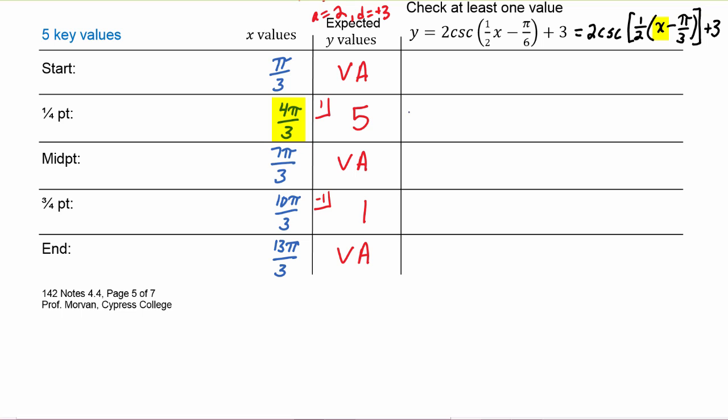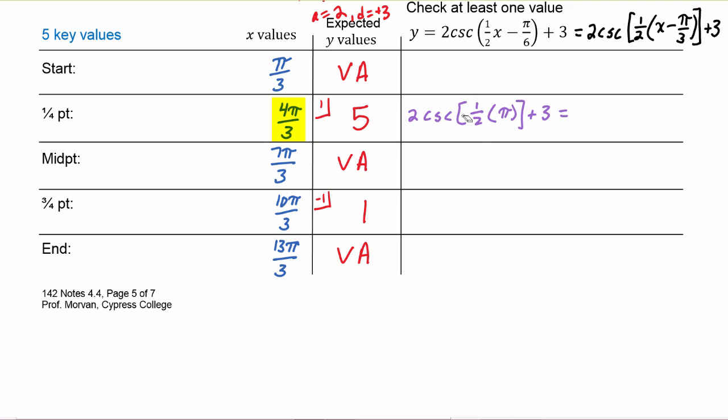So we would have 2 times the cosecant of 1/2 times 4 pi over 3 minus 1 pi over 3 is 3 pi over 3, which is pi. And then we have to add 3.